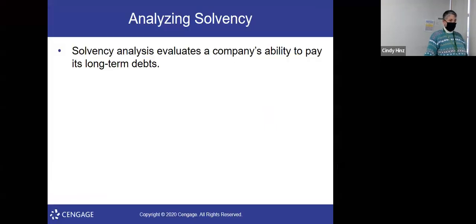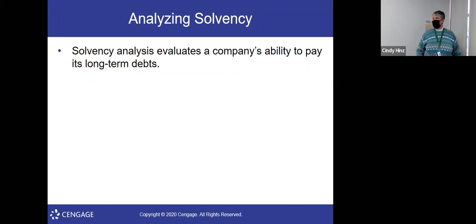Our next exercise, exercise 7, is, although it doesn't say it in the title of the exercise, the calculations we're going to do in this next exercise are solvency calculations. So we said on Tuesday, we were going to be looking at 3 specific areas: liquidity, profitability, and solvency.